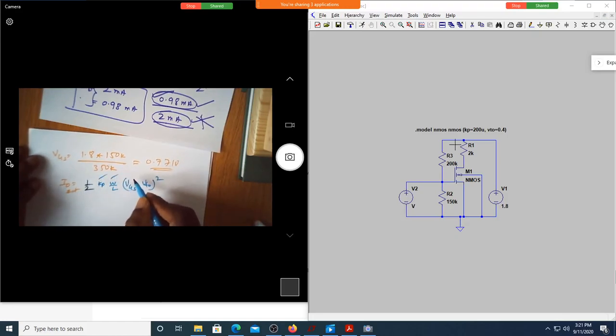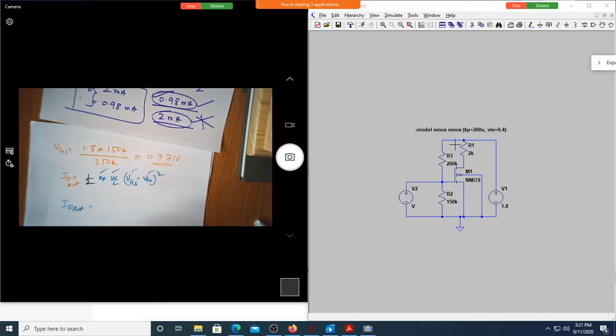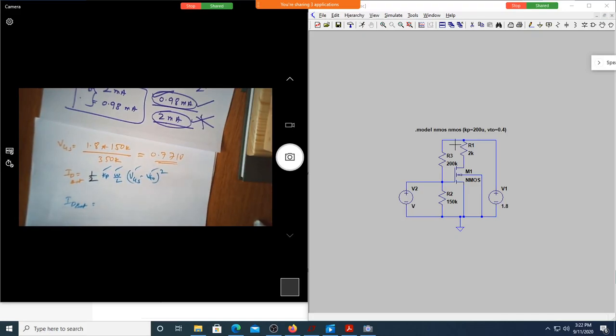We know everything here. So can we find what is ID sat? How much? Do it fast. 0.5 into W by L is 10, it is 100 micro by 10 micro, no? Into 0.771 minus 0.4, that is 0.331 squared.